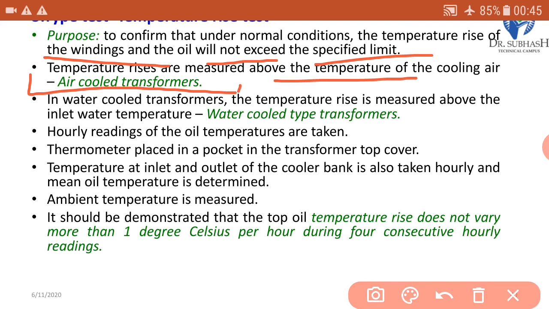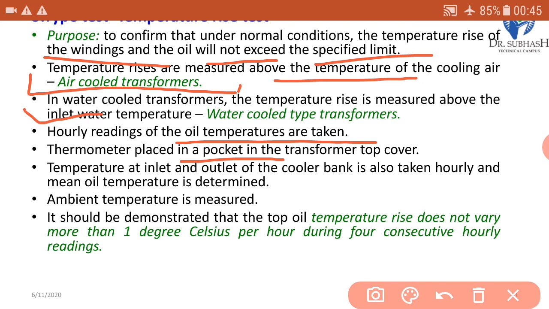It is known as air cooled transformers. In water cooled transformers, the temperature rise is measured above the inlet water temperature. Hourly readings of the oil temperatures are taken. Thermometer is placed in the pocket in the transformer top cover.